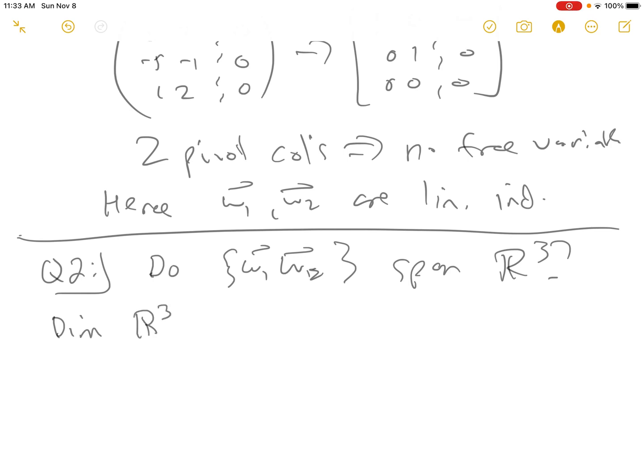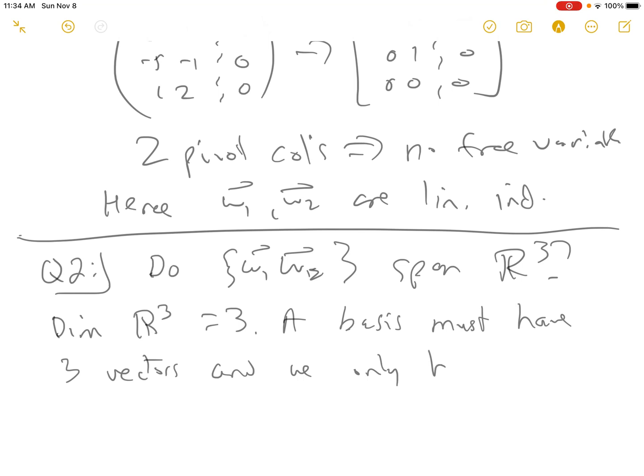The dimension of R3 is 3. A basis must have 3 vectors, and we only have 2. So the answer is no, because of a dimension argument.